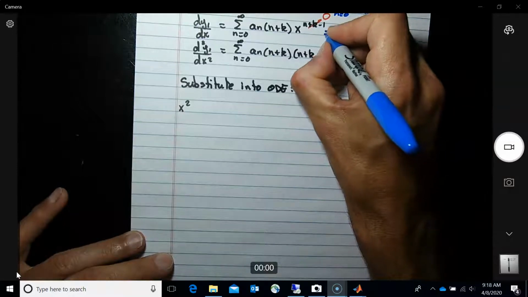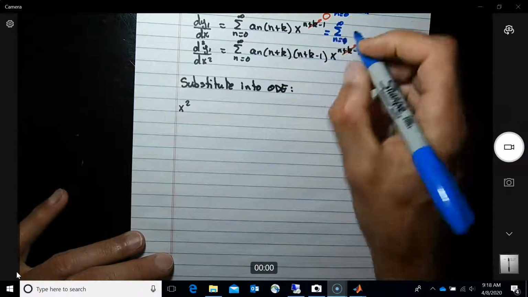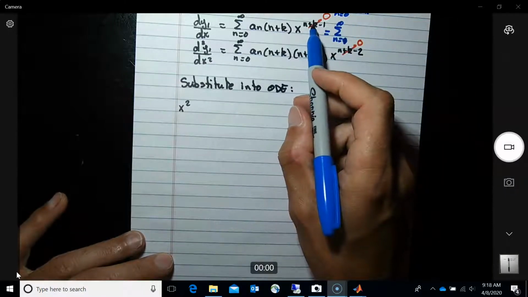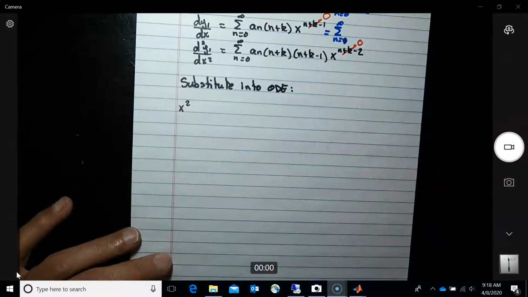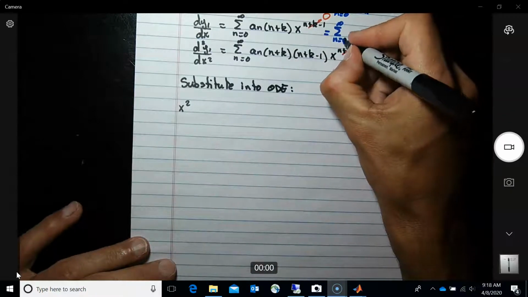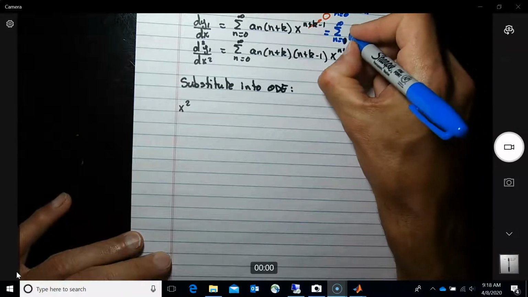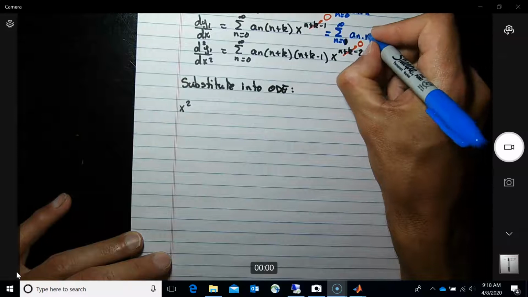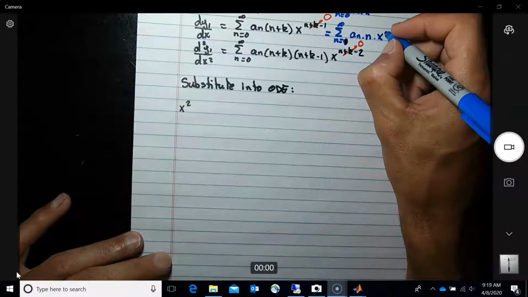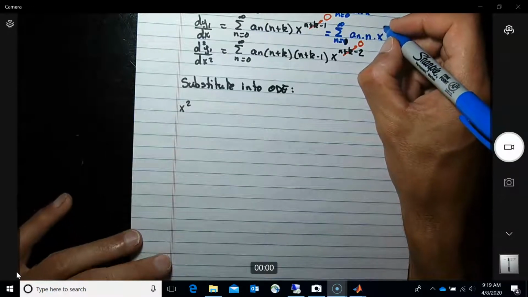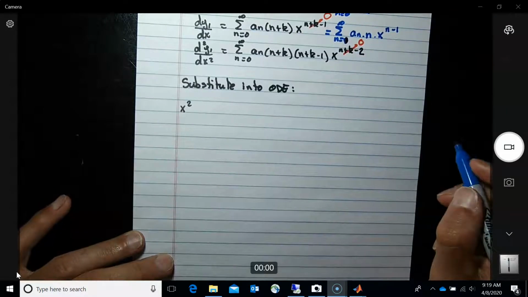This would just be summation n equal to 1 to infinity, because now it's just like the Legendre, we don't have this k that can be a real number. So this will always be a natural number. So this is 1 over here, and then we'll have a sub n times n x to the n minus 1, because k is 0.